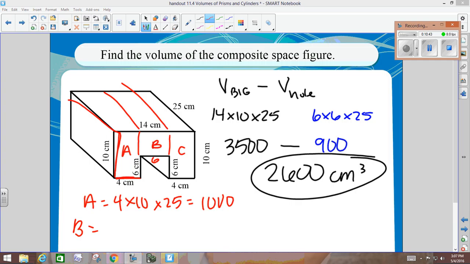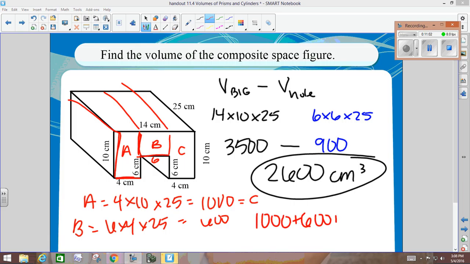So then you would do 6 times 4 times 25. That must be 600. And then C is going to be the same as A. So then you're going to add 1,000 plus 600 plus 1,000, and you get 2,600 again. Questions? Okay.